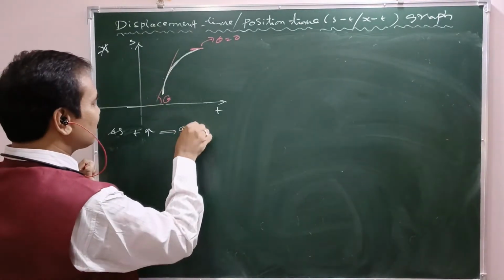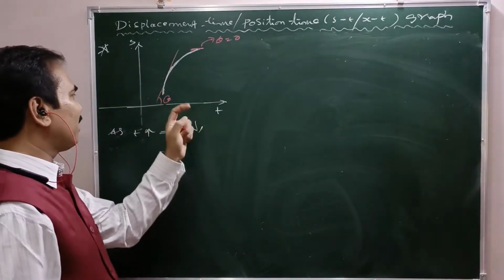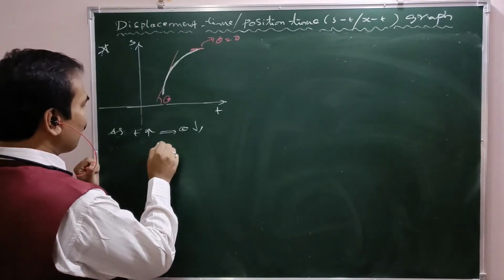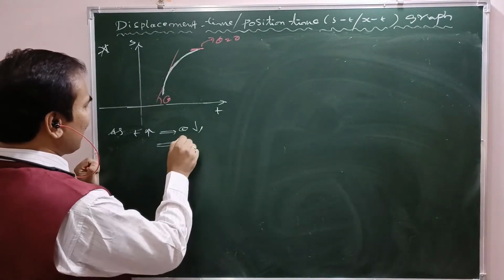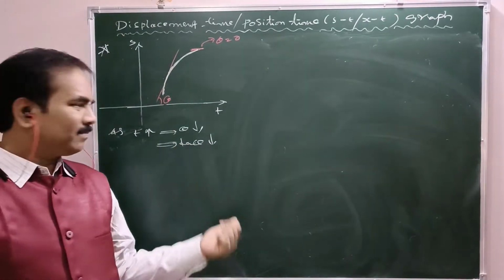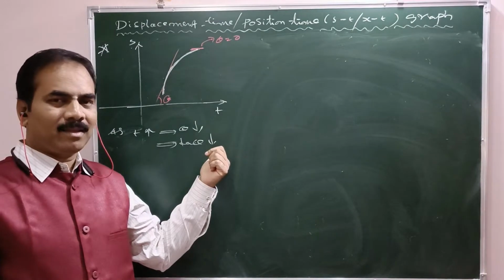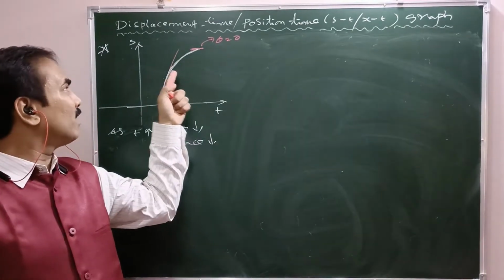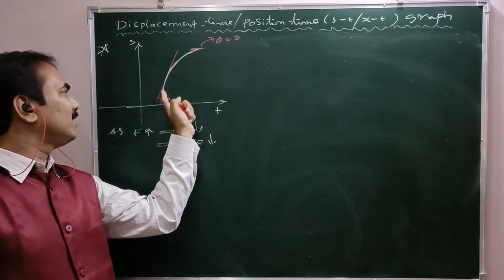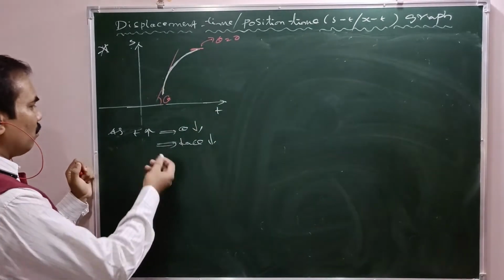As time goes on, theta decreases. So theta decreases implies tan theta also decreases. Tan theta means velocity, right? Velocity decreasing. Velocity in the sense slope here. So slope of this curve decreasing at a constant rate. Why? Because this is symmetrical shape.